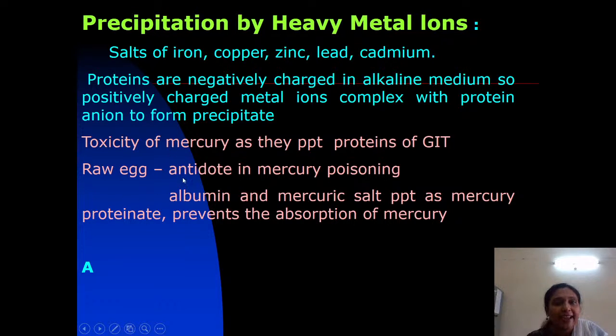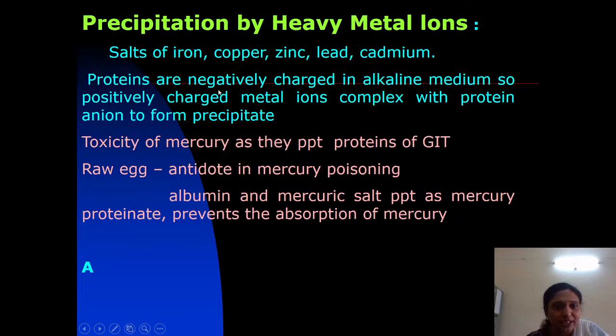Raw egg is used as the antidote in mercury poisoning. What is the action of raw egg? The raw egg contains albumin that combines with the mercuric salt to form a mercury proteinate, and that prevents the absorption of the mercury.